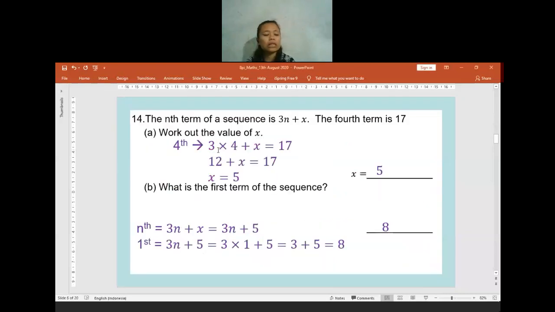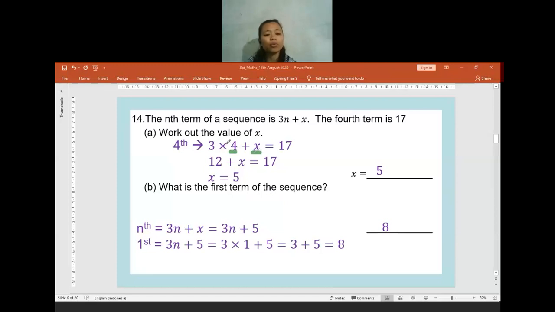For question 14, we have the nth term, which is 3n plus x, and we also have the fourth term. When it is the fourth term, we replace the letter n with 4. 3n means 3 times n. We do not know the x, so keep it as x.